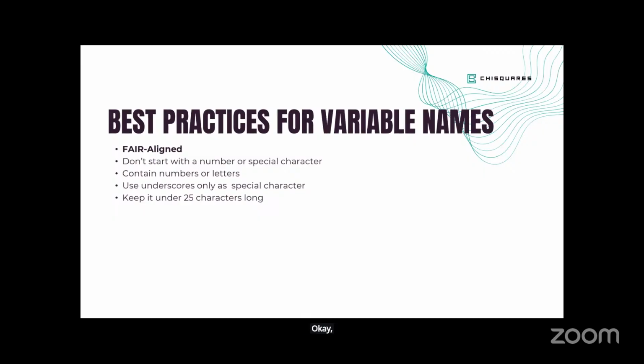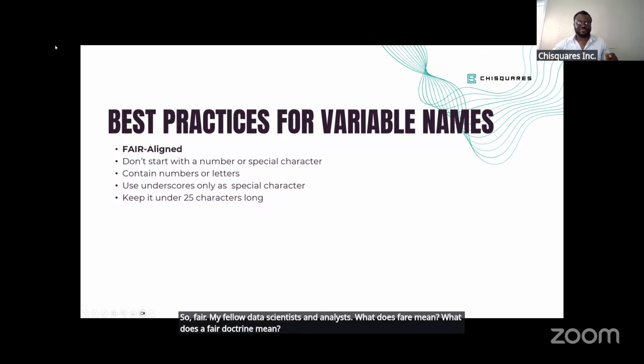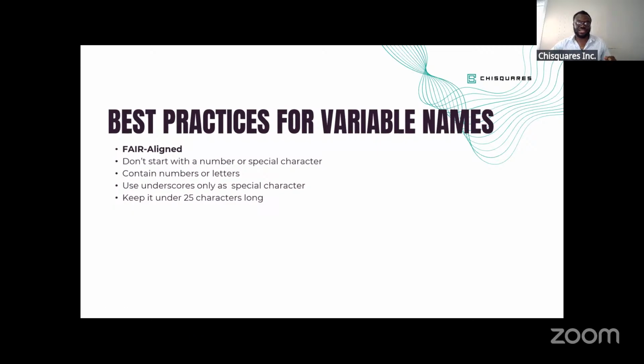Okay, I'm sure they can type then. So FAIR, as my fellow data scientists and analysts, what does FAIR mean? What does a FAIR doctrine mean? Let me check. Everybody knows the F, findable. Okay. Excellent. All right, good.